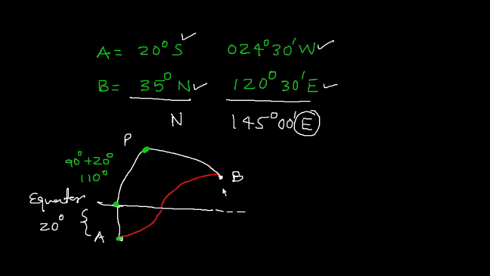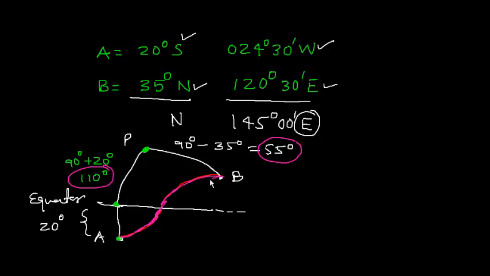So this is the equator, and from the equator to B is 35 degrees. So this side will be 90 degrees minus 35 degrees, which gives me 55 degrees. So I have a spherical triangle in which these sides are given. This PA is 110 and this PB is 55 degrees. All I need to do now is calculate this great circle distance.